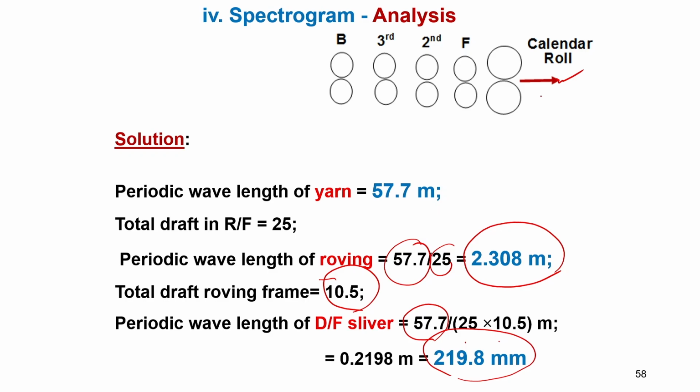So, the periodic fault in the sliver produced by the Drawframe is 219.8 millimeter.